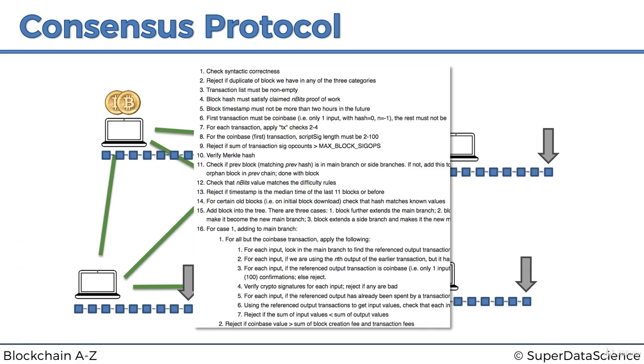And if a check doesn't go through, then they reject the block. And so basically, at the end of the day, the blockchain will not allow malicious blocks to be added to the chain. And that's why there's a financial incentive to play according to the rules.